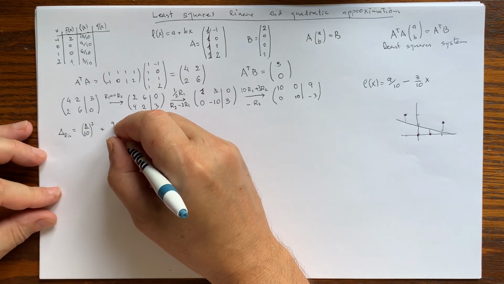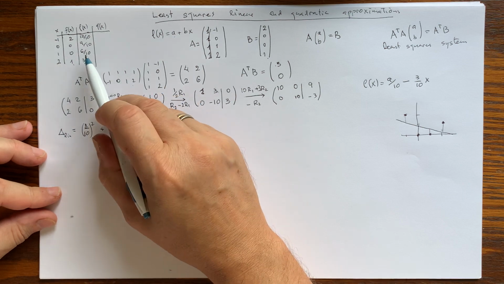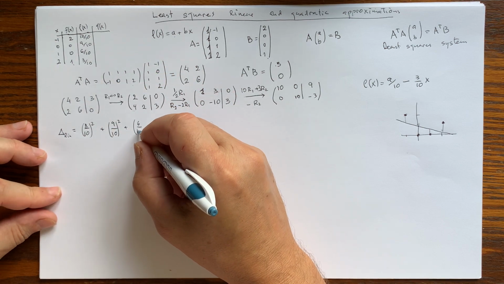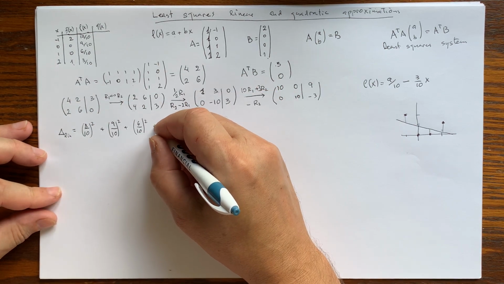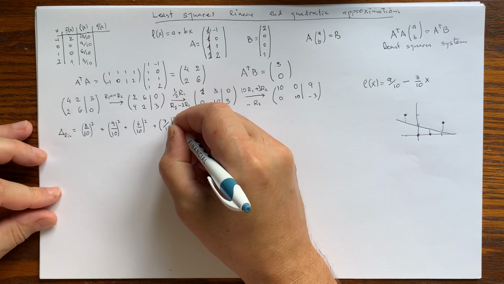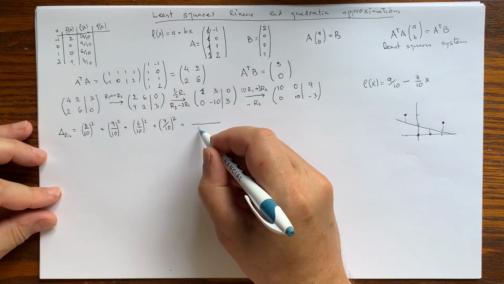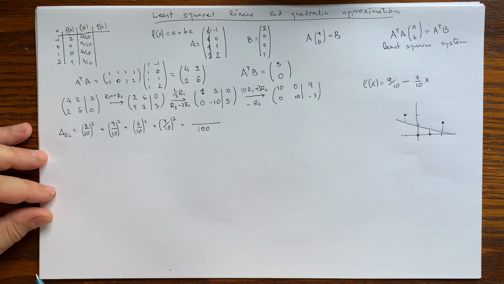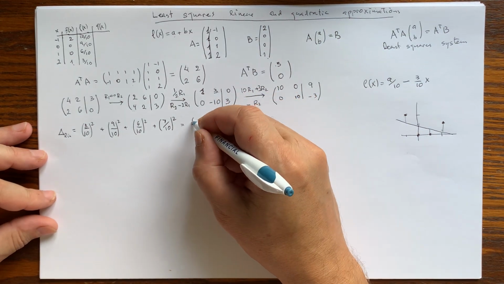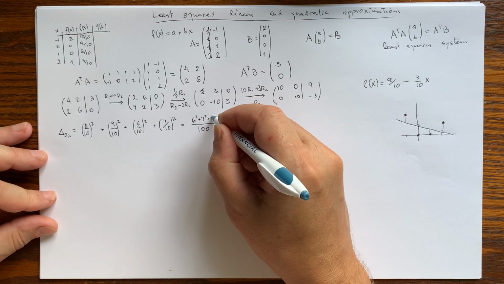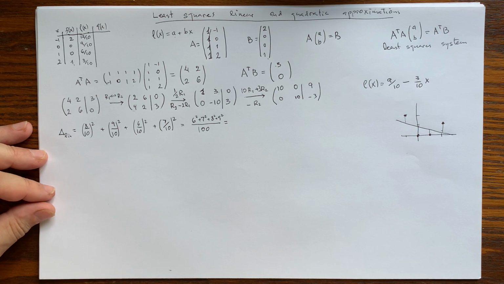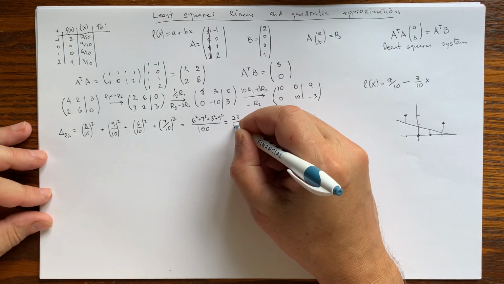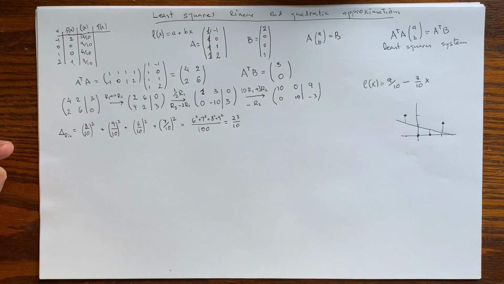Then 9 over 10 squared, 6 over 10 squared, and then 10 over 10 and 3 over 10, which is the deviation by 7/10 squared. So all that over 100, we will have 6 squared plus 7 squared plus 8 squared plus 9 squared. And the sum is 230. So after cancellation, we'll have 23 over 10 as the deviation.